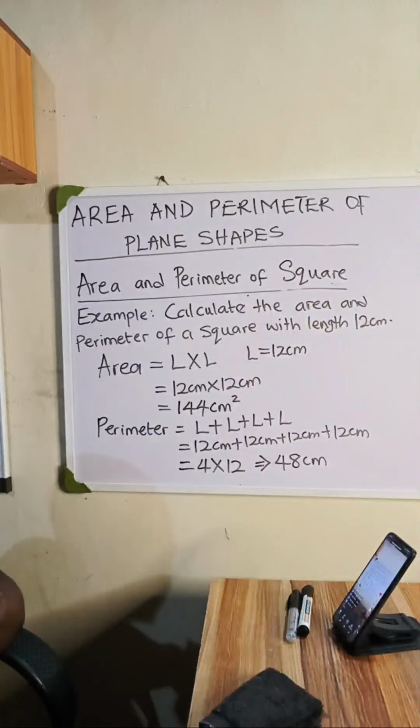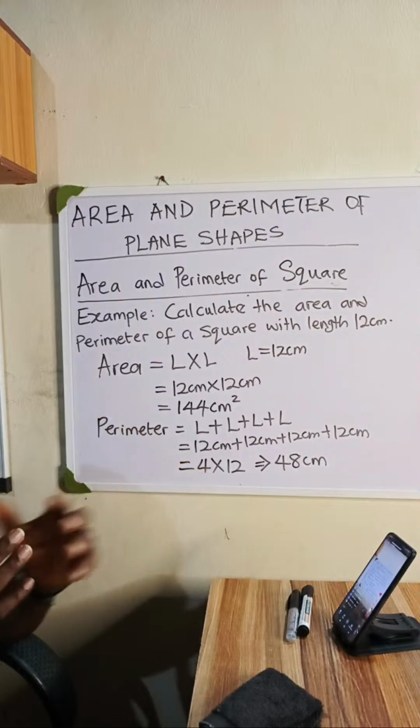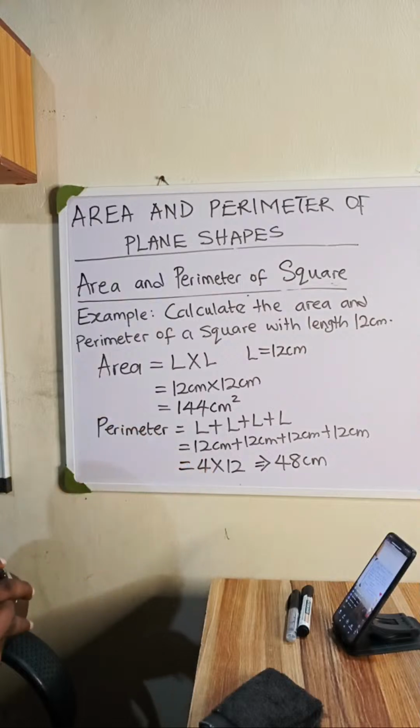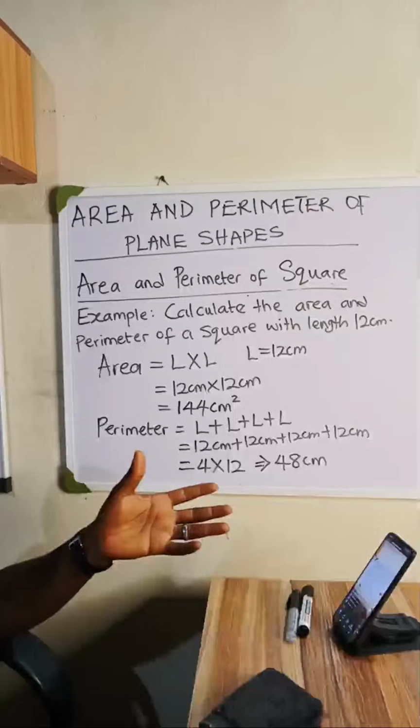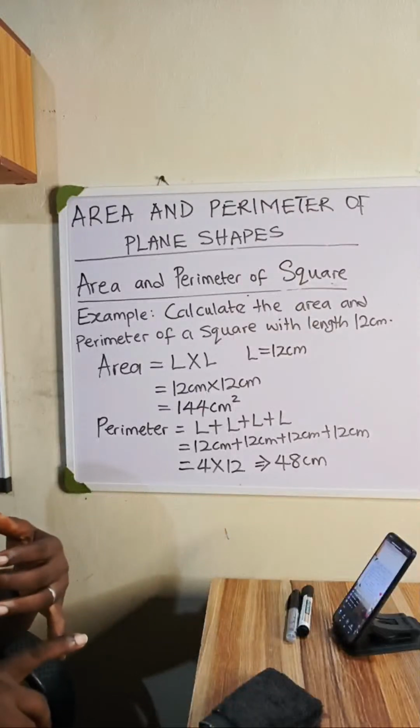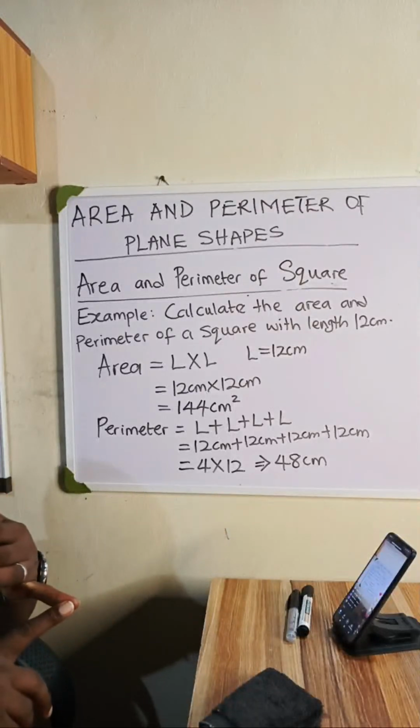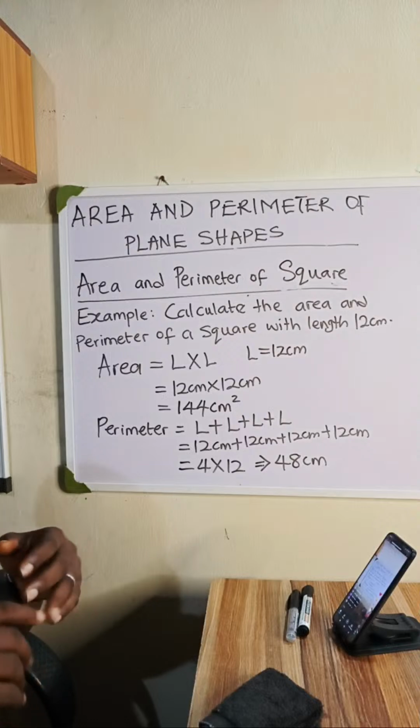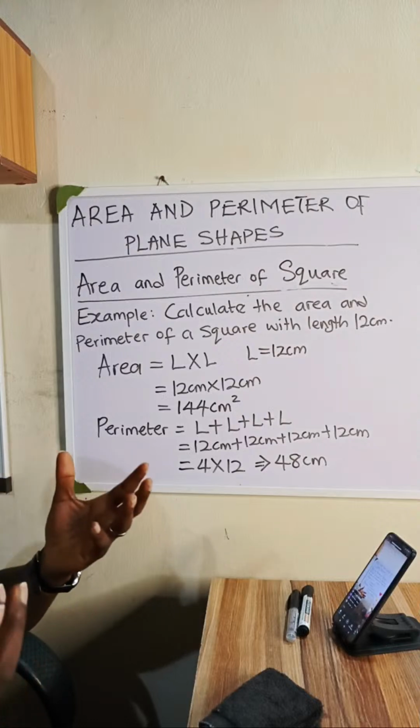So for those of you that are in the WhatsApp group, I'm going to inform you when we are going to have the next class on area and perimeter of plane shapes, because we cannot exhaust the topic. In our next class, we're going to look at area and perimeter of a triangle.